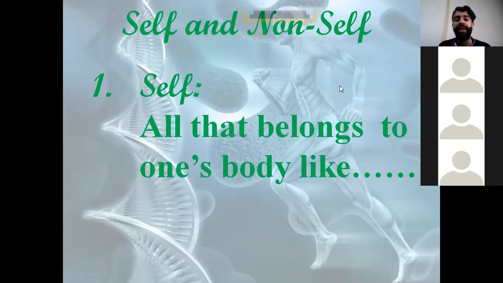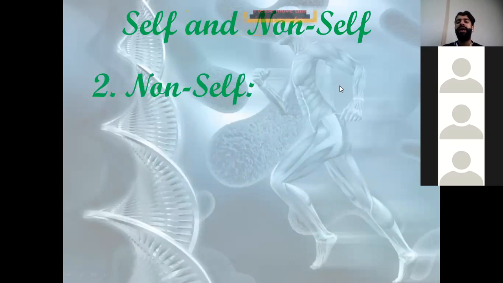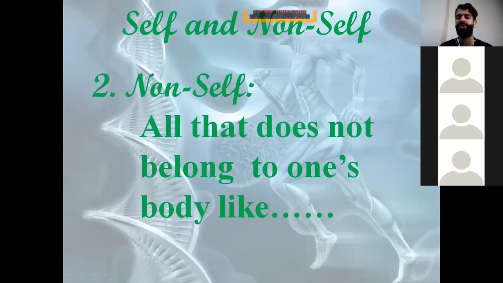However, non-self is all that does not belong to one's body, like my friend's hand, like Ali Hariri's hand. It's non-self with respect to me. Like my friend's kidney, my friend's pancreas. Viruses, bacteria, parasites, all of them don't belong to my body, so they are considered non-self.